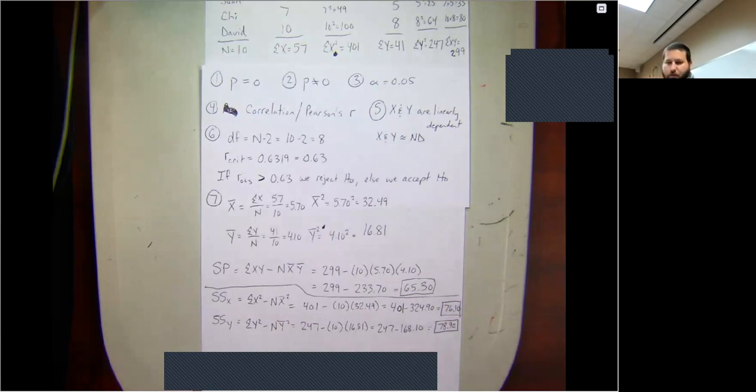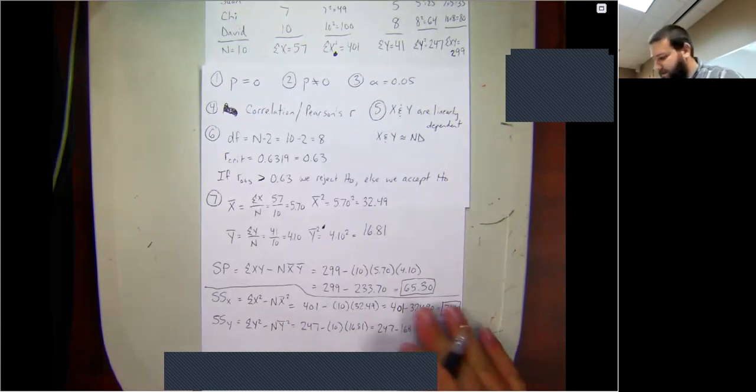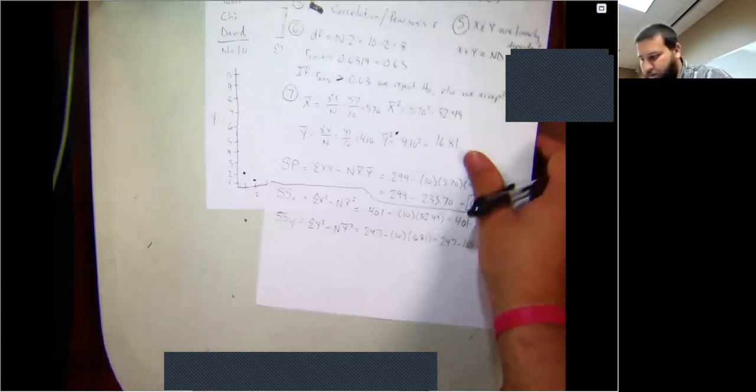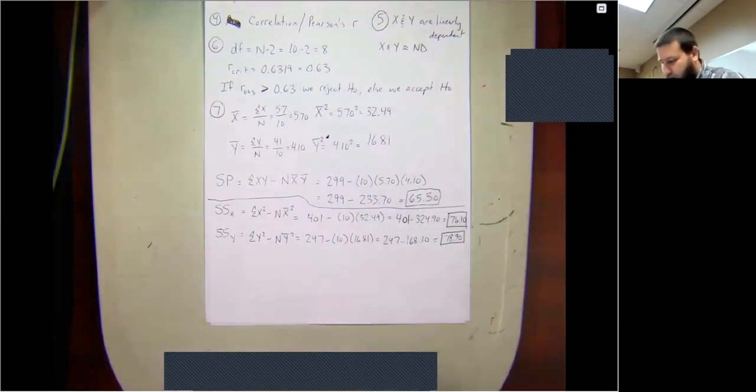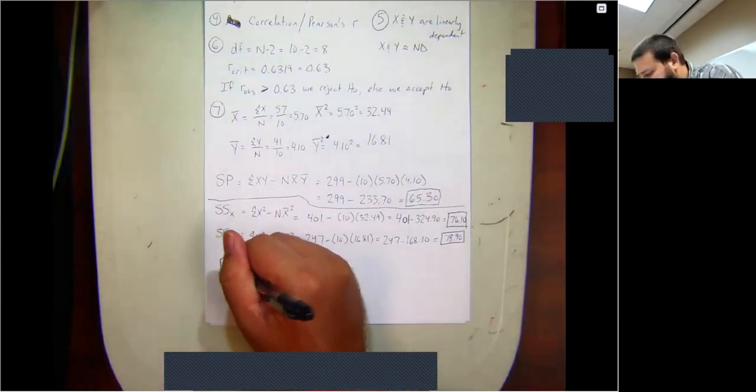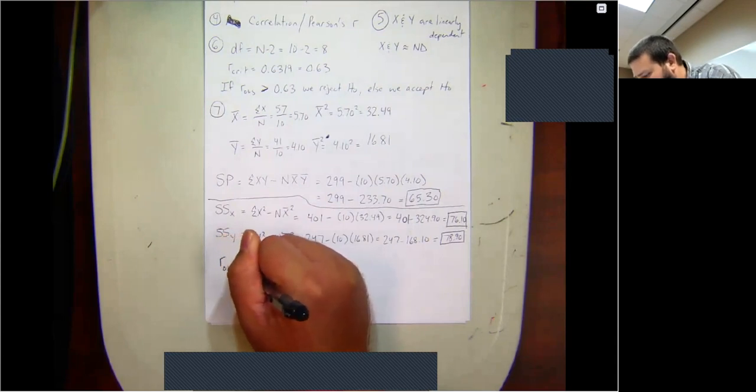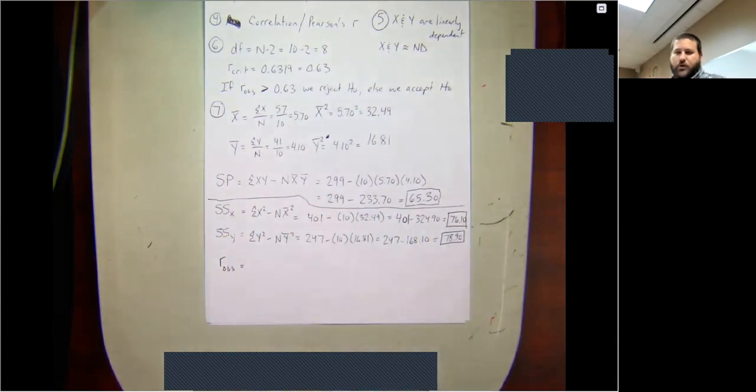All right, so when we have our three values, SP, SSX, SSY, we won't really need the raw data anymore. The correlation, R observed, is going to be equal to, your exam formula sheet may say R with a little subscripted XY. It's just the correlation between X and Y. So R sub XY is the same as R observed.